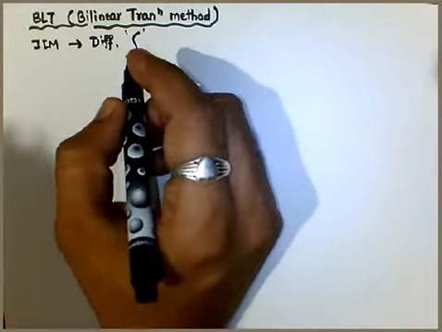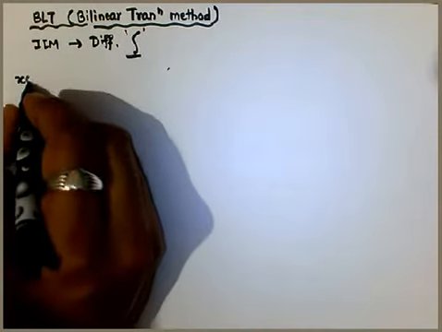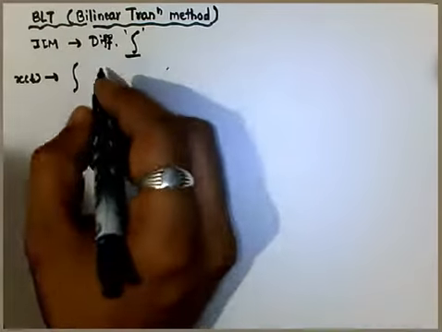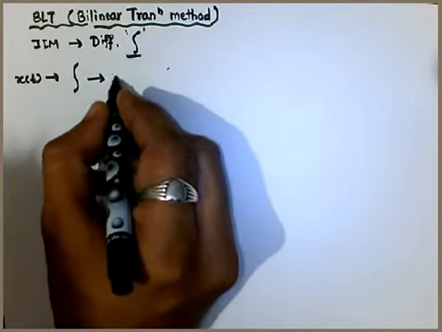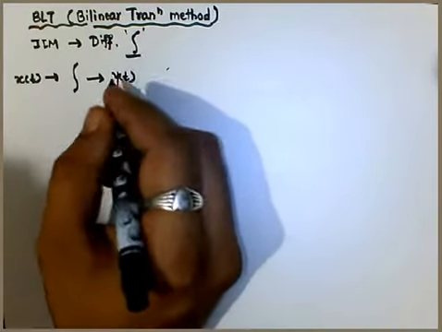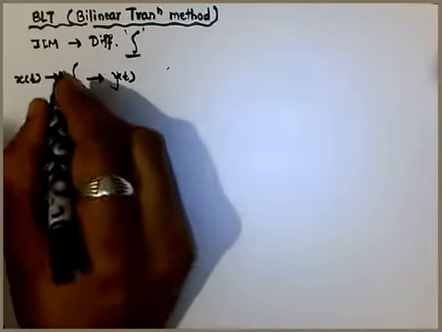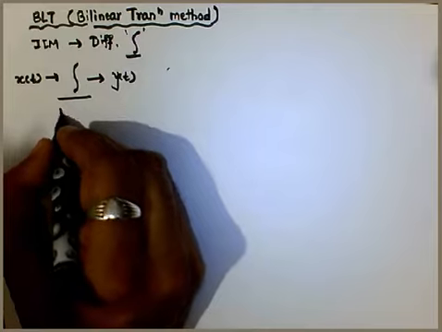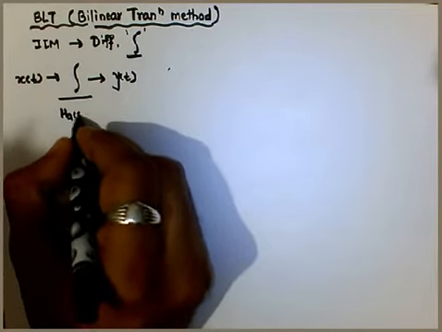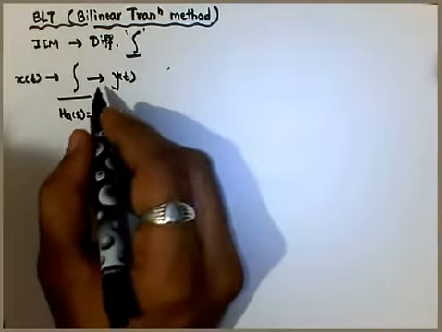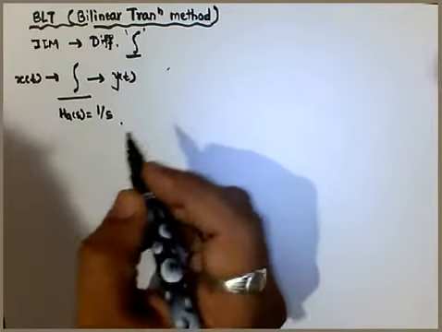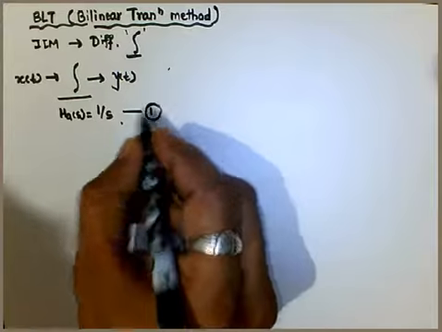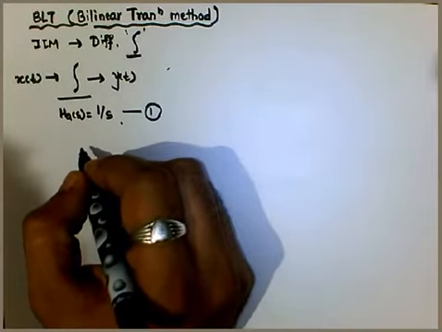So let's say there is one integrator which accepts the input x of t, and the integrator circuit will integrate it and convert it into y of t. So ultimately the transfer function for this entire circuitry is nothing but HA of s, which is equal to 1 upon s. This is equation number 1 for the integrator circuit.